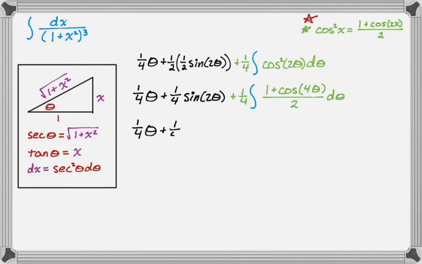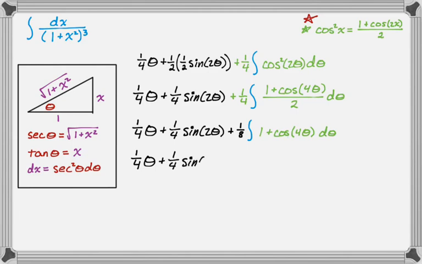So you get 1/4 theta plus 1/4 sine of 2 theta, and then plus 1/8, right? And then it's the integral of 1 plus cosine of 4 theta d theta. Alright, so far not terrible. You just have to remember the power reducing formula. So this will be 1/4 theta plus 1/4 sine of 2 theta plus, now I can start integrating.